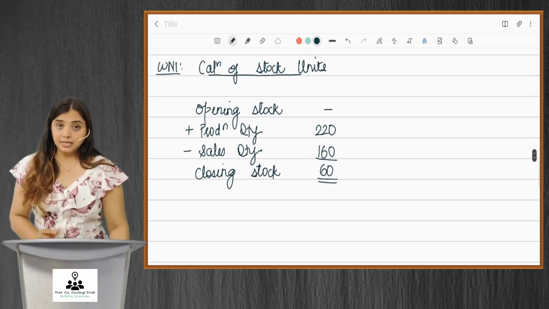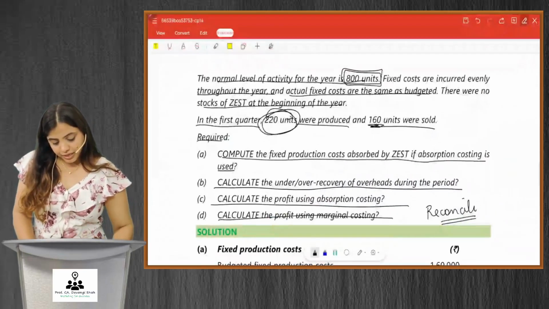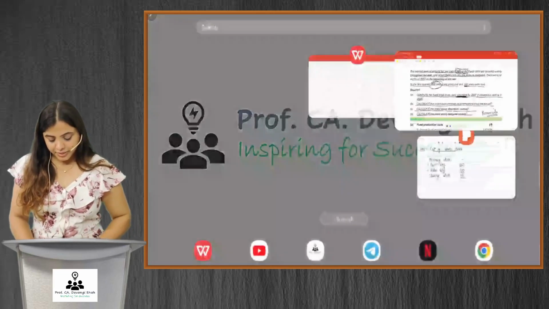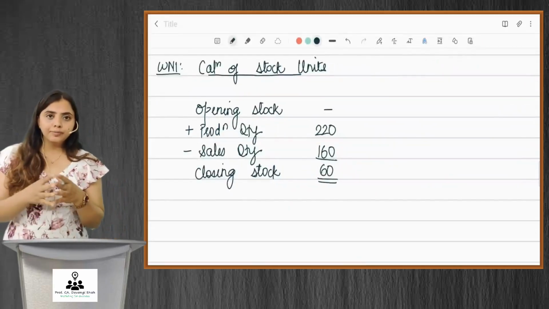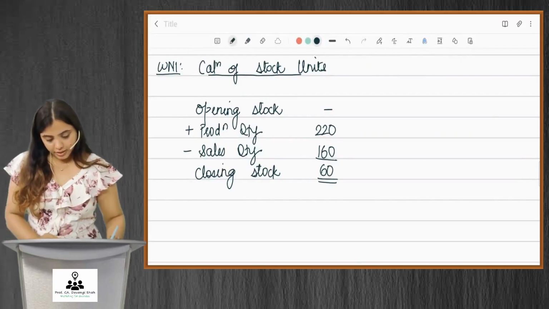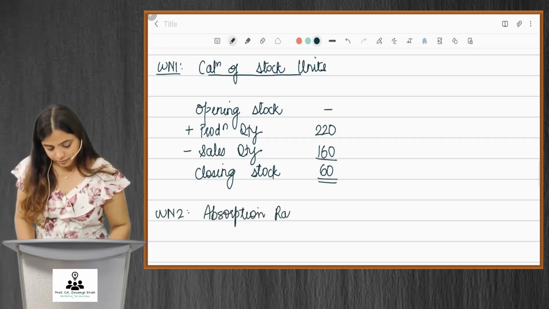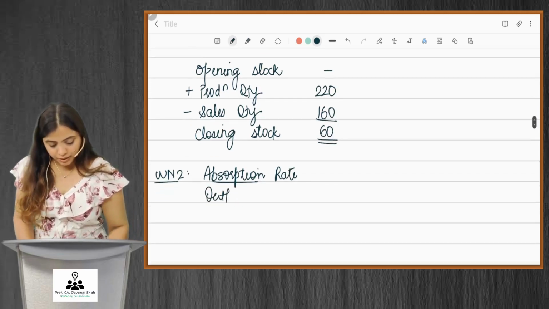Let us start answering the questions one by one because we know the stock units. What will be the fixed overheads absorbed if absorption costing is used? So friends, basically they're asking you the amount of overheads absorbed. It is nothing but actual production units into absorption rate. So I need to calculate the absorption rate here. Working note 2, calculation of absorption rate. Here we will use the output method only.